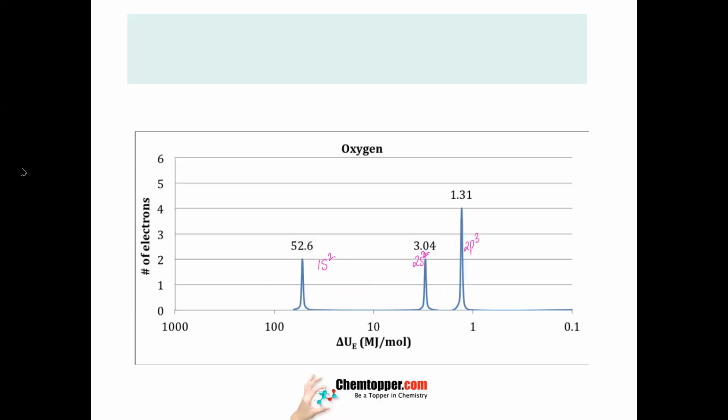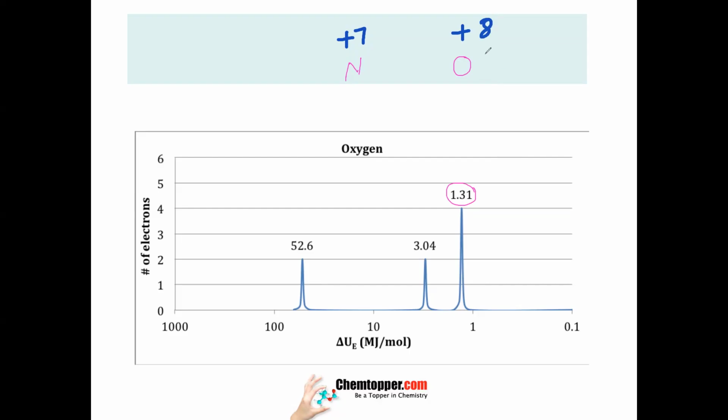Check oxygen. Oxygen, 1.31. But if I compare nitrogen with oxygen, nitrogen has a nuclear charge of plus 7. Oxygen has a nuclear charge of plus... Yes or no? You have the periodic table. Are you looking into the periodic table? Plus 8.